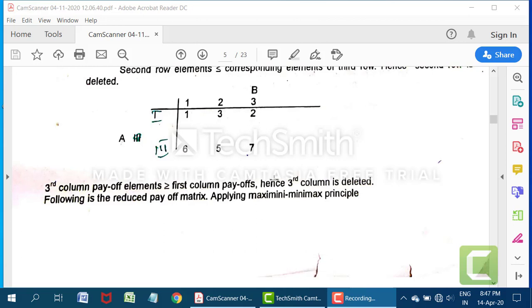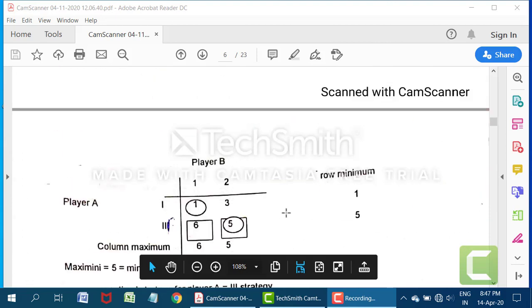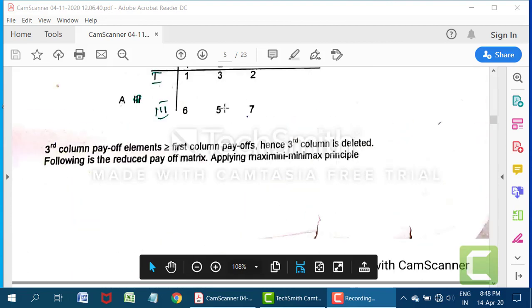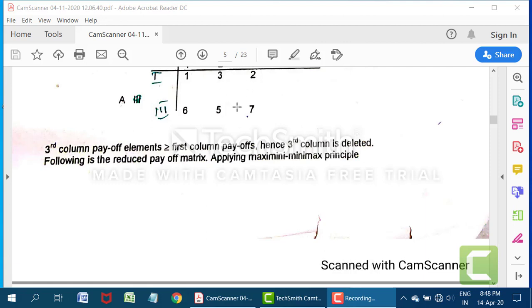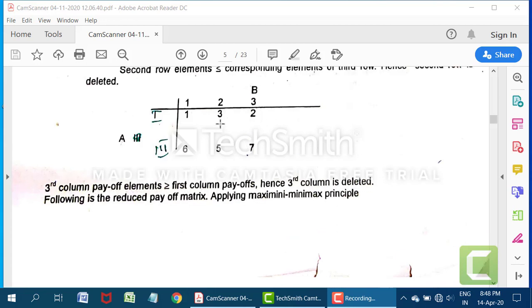Take the average of 1 and 3: 1 plus 3 by 2, 2. 6 plus 5 divided by 2, 5.5.